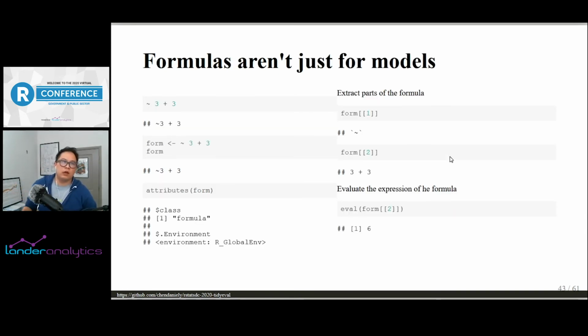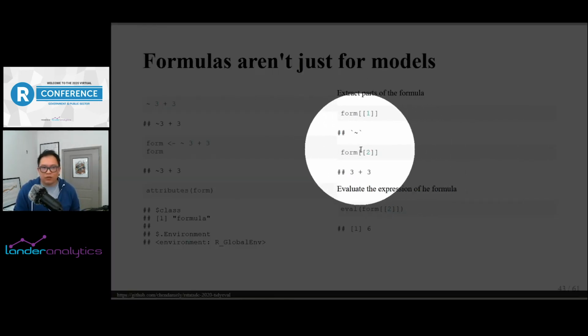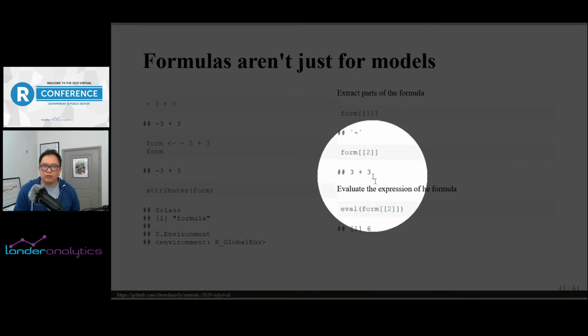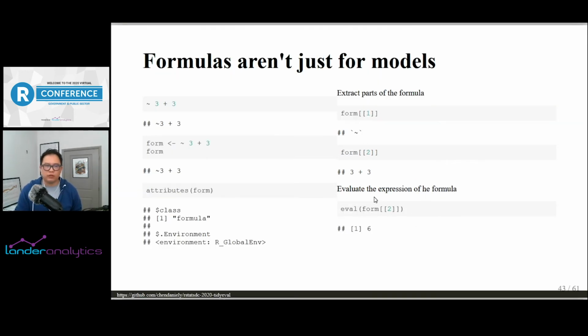And so formulas actually encapsulate an expression and its environment. It's not just for models. And so if you say tilde 3 plus 3, you actually get the expression 3 plus 3 back. And that's why you see the tilde being used throughout the tidyverse. It's sort of the quick way of quoting something. And so we can actually subset formula objects. Like the first object is always going to be the tilde, and we can get different expression parts out of it.